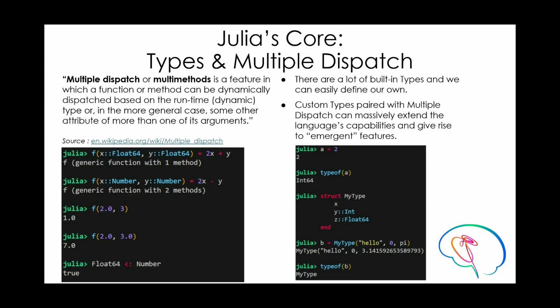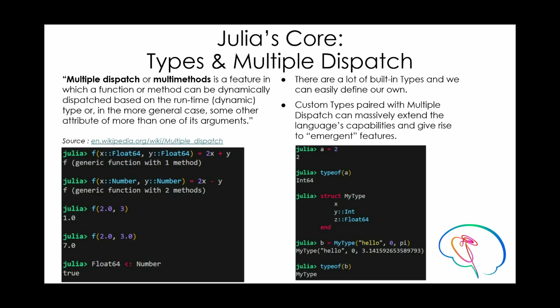So as you can see, when we call f using a float 2.0 and an integer 3, then the second method gets evaluated, right? Because that's the best match that we have. But if we call f with a 2.0 and a 3.0, then the first one gets called, right? Because both of those numbers are floats, and they're Float64 by default in Julia. And you can see proof of that at the end.